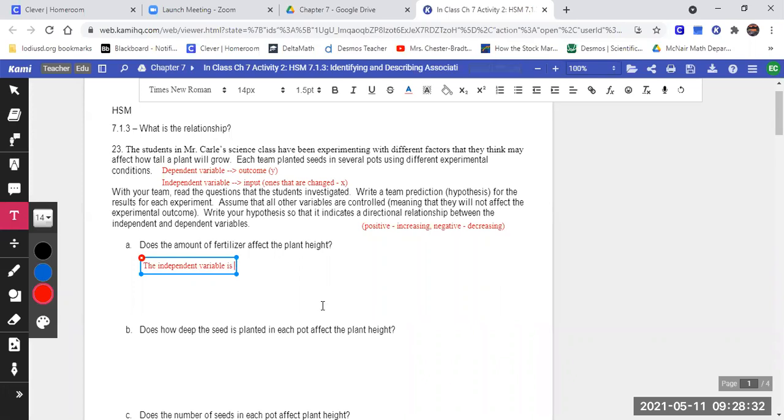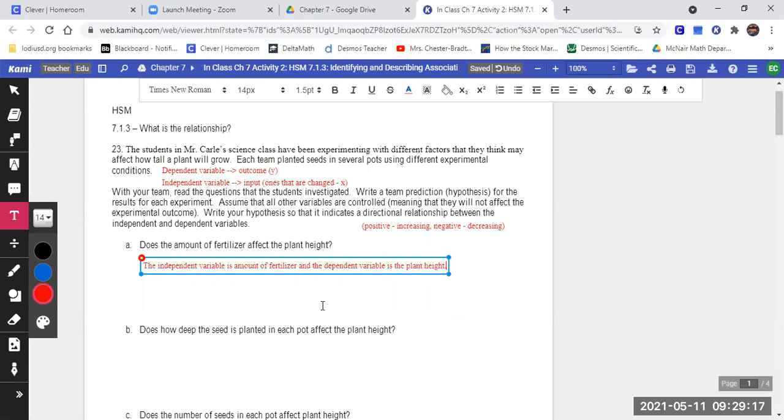So the independent variable, the one we have control over, the one we can change, is the fertilizer. Okay. Let's put amount of, so we keep the words the same. Okay. And the dependent variable is what's left. What's left? The plant height.